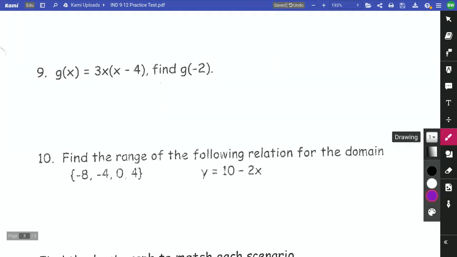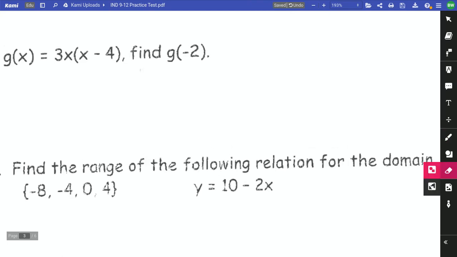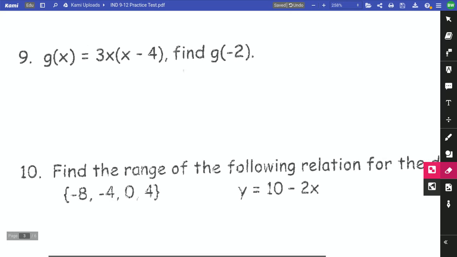If g of x equals 3x times x minus 4, find g of -2. Okay, so let's do that. g of -2, sorry.